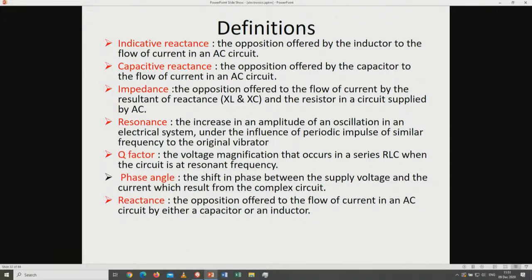Normally, we say at resonance, in a series resonance, XC will be equal to XL, VL will be equal to VC, and our Z will be equal to R, because XC and XL will cancel one another. Then Z will be the minimum, which is the impedance.